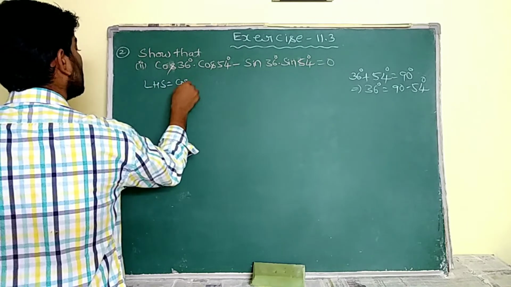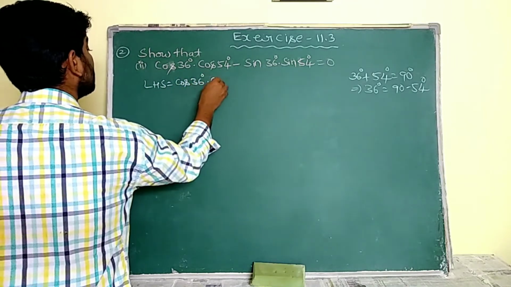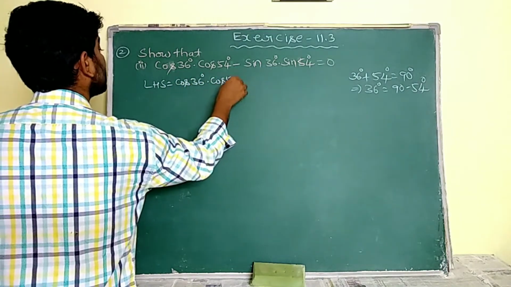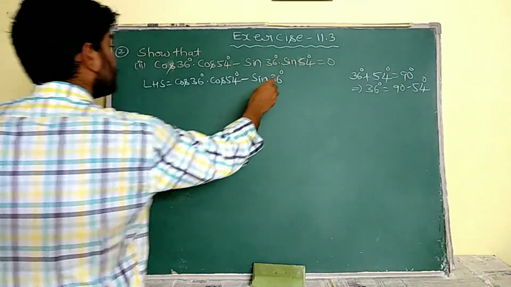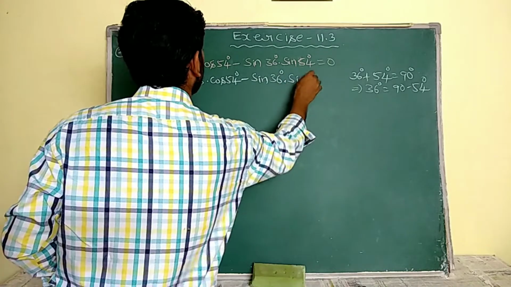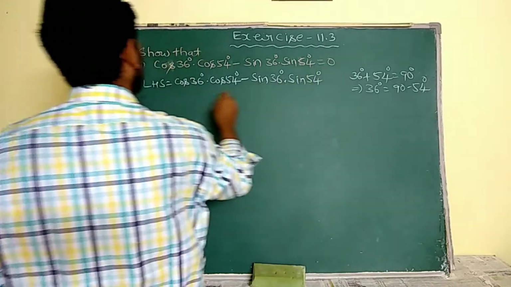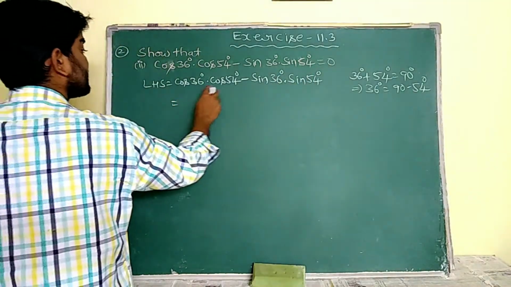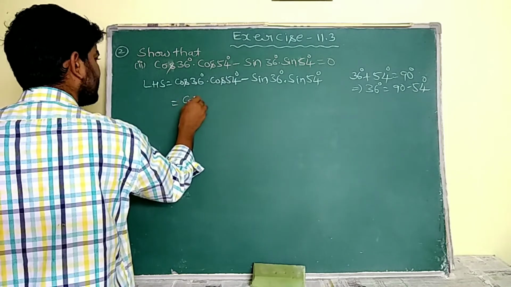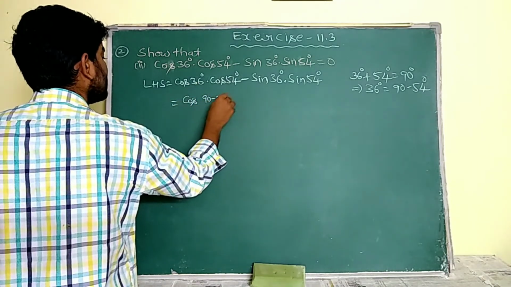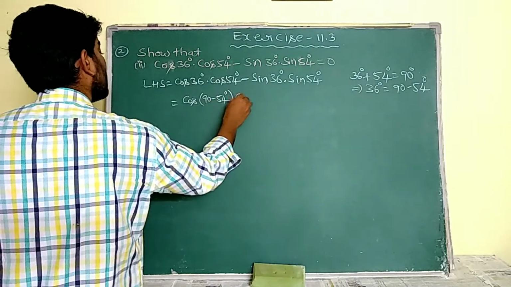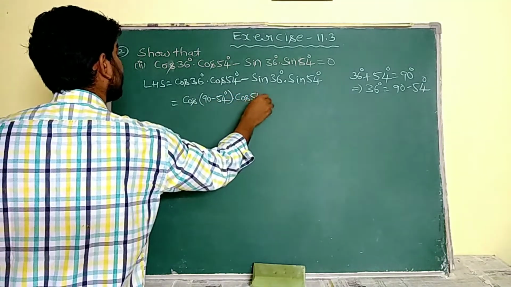LHS is equal to cos 36 degrees into cos 54 degrees minus sin 36 degrees into sin 54 degrees. In cos 36, cos 54, I am going to alter this 36 degrees in terms of 90 minus 54 degrees, and I am not going to change this 54 degrees.